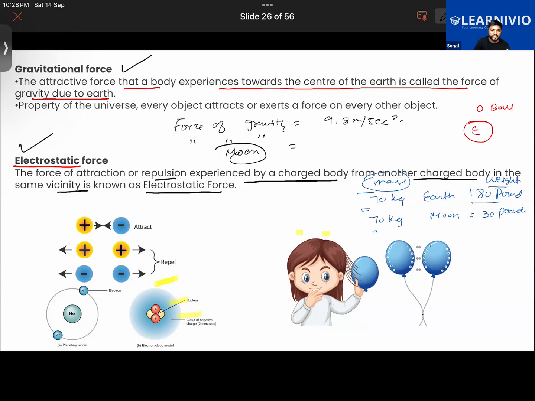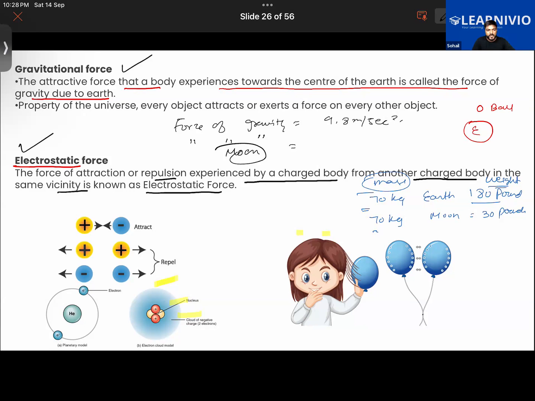Not weight, it's better to say mass. Okay, that is one thing. Also tell me about this: if the distance between two bodies is reducing, will the gravitational force increase or decrease? It will increase. So it has an inverse relation, right?